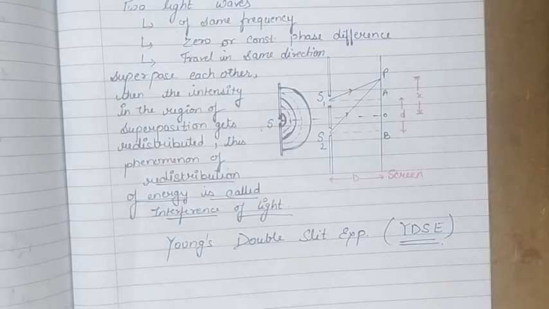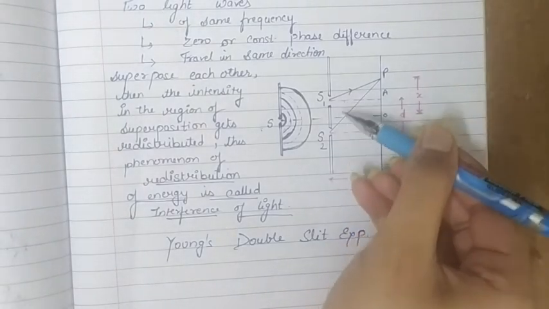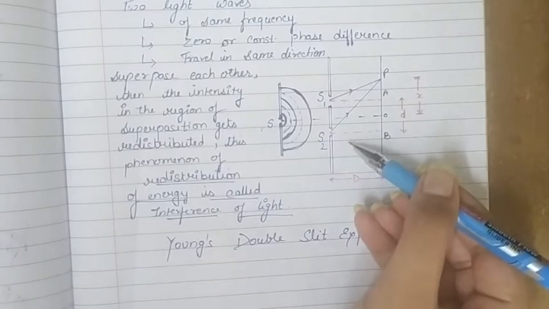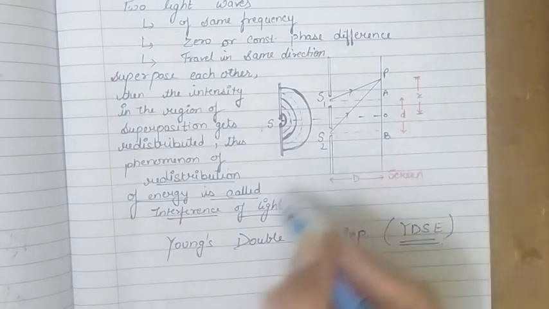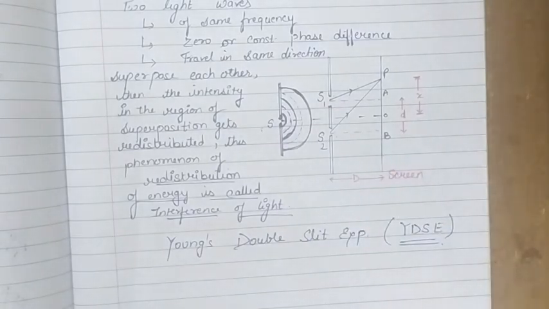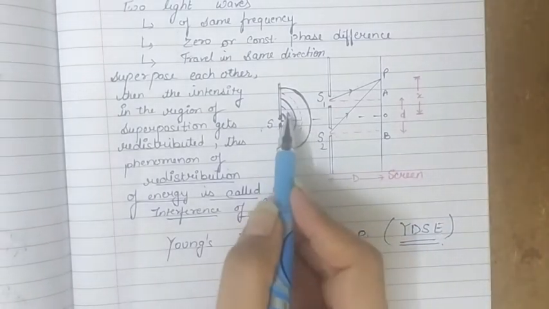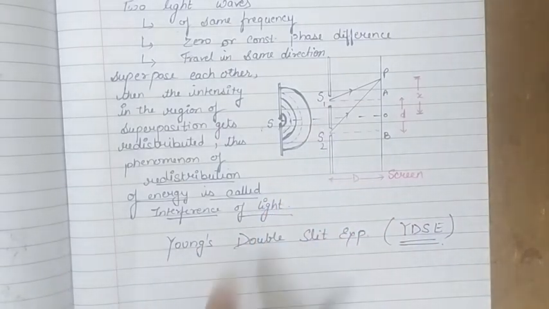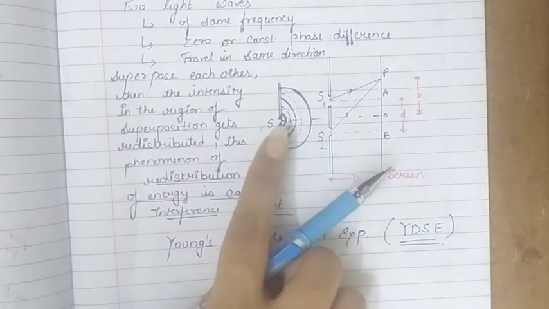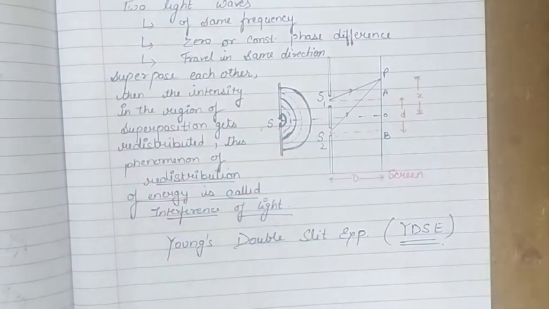After that there are two narrow parallel slits S1 and S2, arranged symmetrically and parallel to the slit S, at a distance of about 10 centimeter from it.